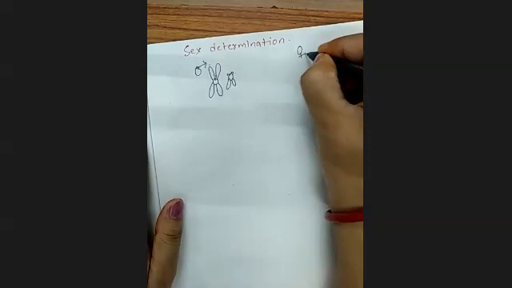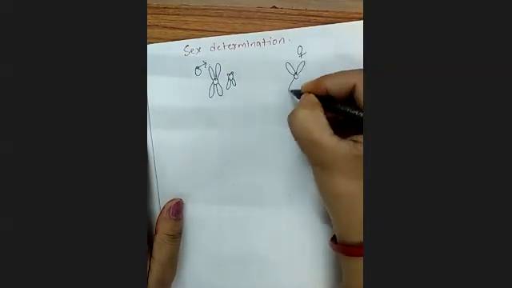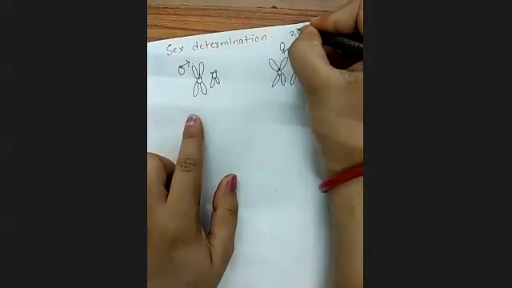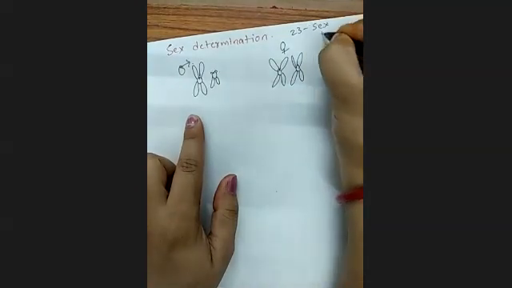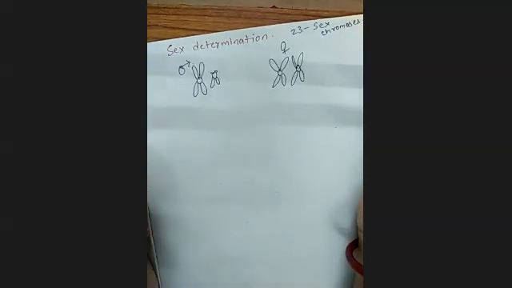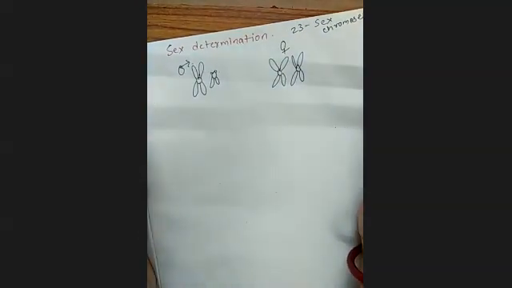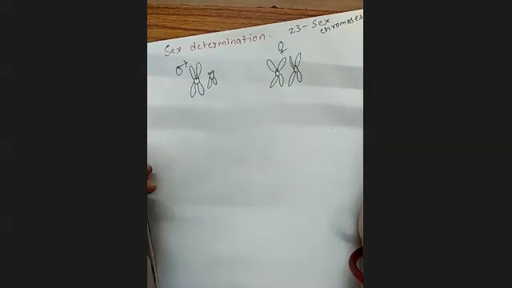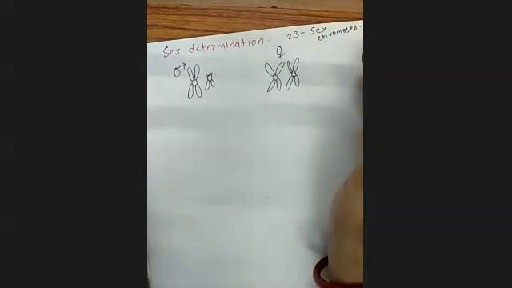And if you are a female, okay, see, female gets this, because this 23rd pair is called the sex chromosomes. These are called sex chromosomes. And autosomes also. Autosomes is something very different, beta. Okay. So, fine. We are studying chromosomes right now.